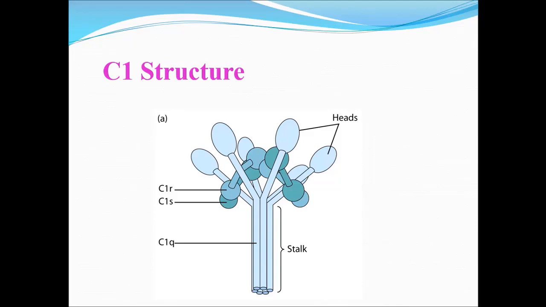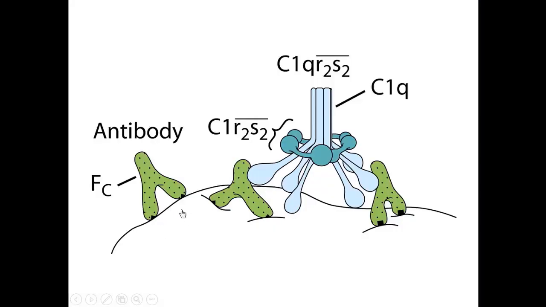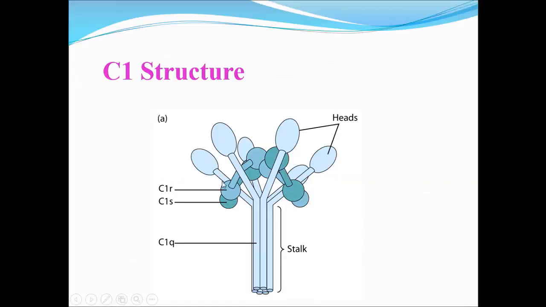As you see here, C1 is composed of three subunits: C1q, C1r, C1s. Of course, C1r and C1s have two subunits each, so there are two subunits of C1r, two subunits of C1s, and one subunit of C1q.